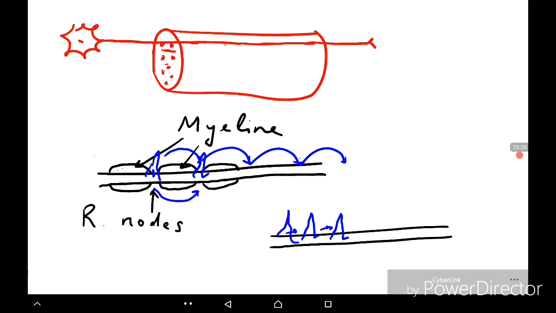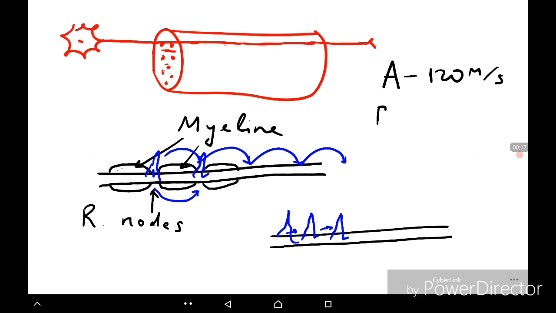In accordance with the classification that was proposed in the 20th century by Gasser and Erlanger, two physiologists, all nerve fibers may be divided into types. Type A fibers are thick myelinated fibers. The velocity in these fibers is 120 meters per second.